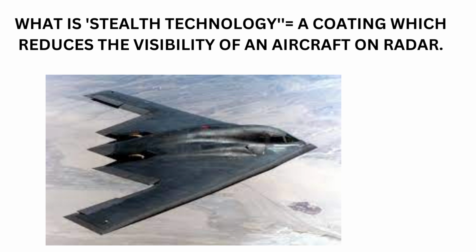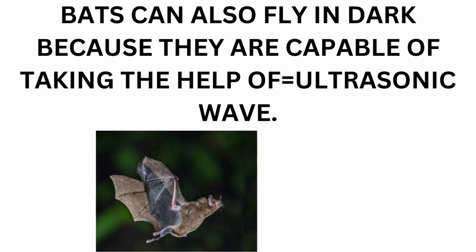So they usually apply coating on weapons and aircraft. So it all comes under stealth technology. And bats can also fly in the dark because they are capable of using the help of ultrasonic waves.